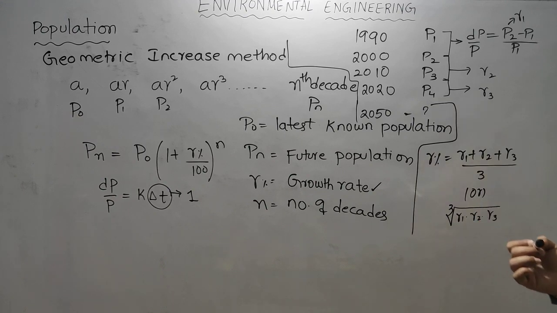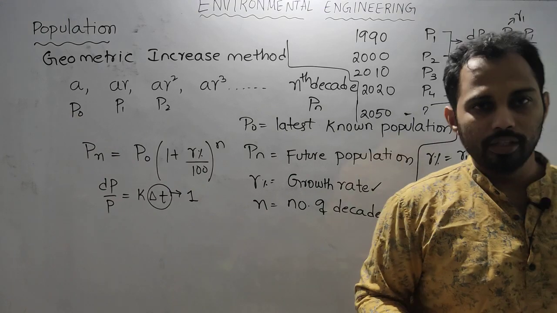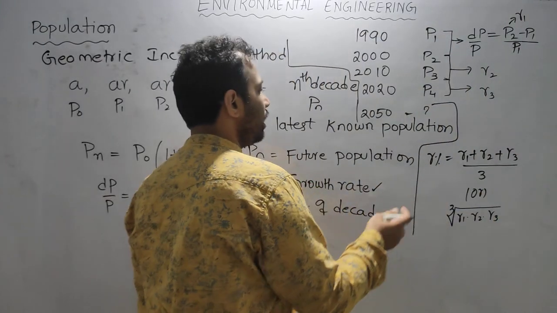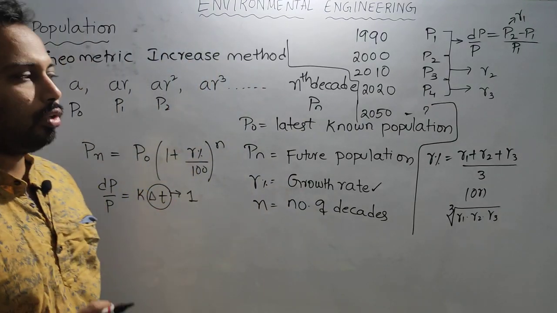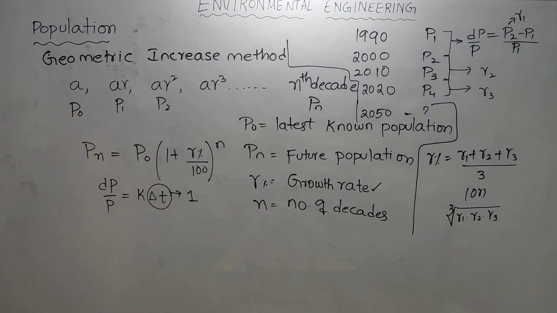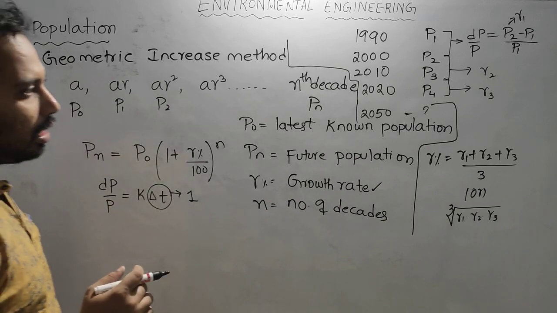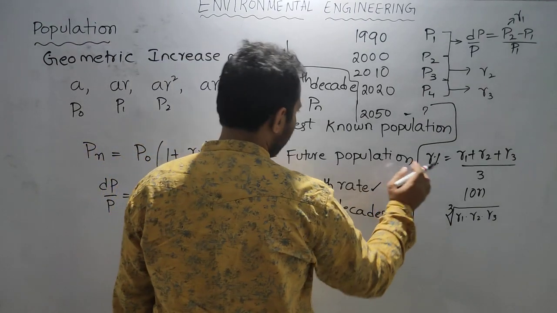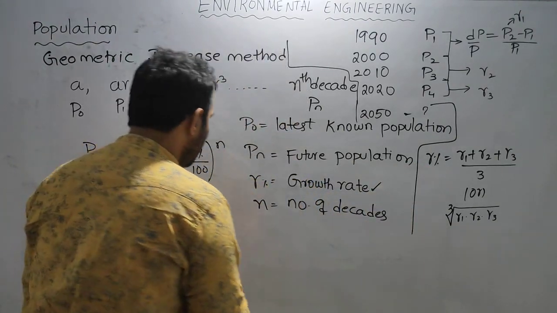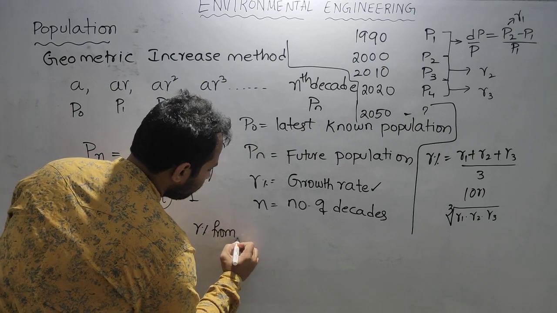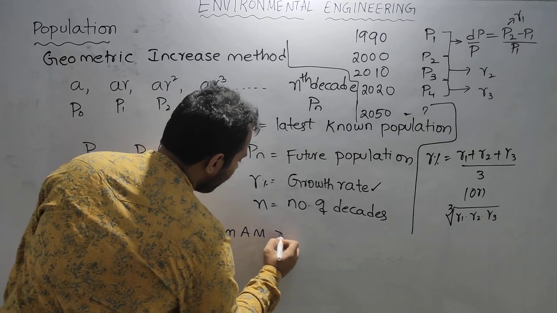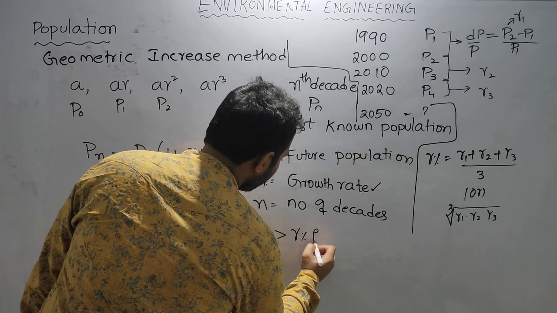So the growth rate percentage you can take either as an arithmetic mean or as a geometric mean. Which one do you follow? Generally for design purposes we prefer the arithmetic mean, because R percent from the arithmetic mean will be greater than R from the geometric mean.